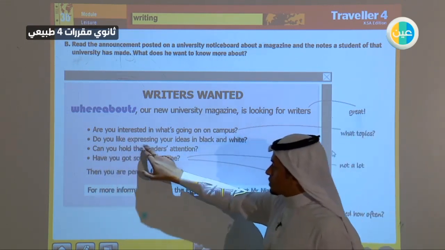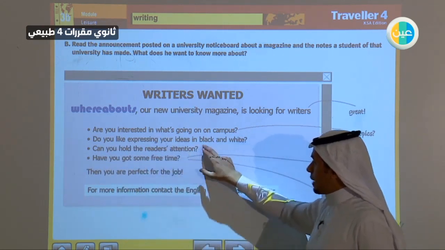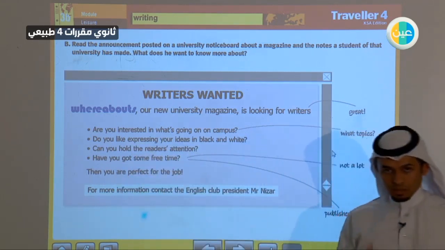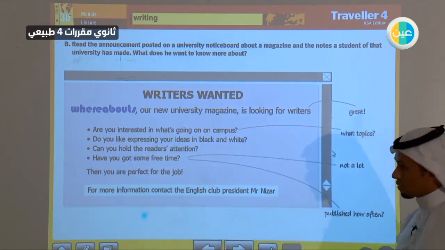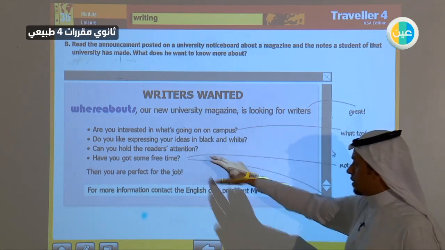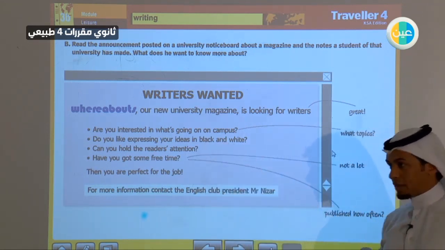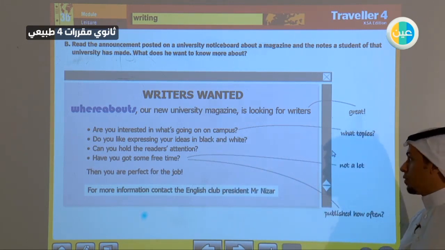Do you like expressing your ideas in black and white? Do you like saying or writing your ideas in black and white? Black and white is an idiom which means very clear, to write it clearly for people.